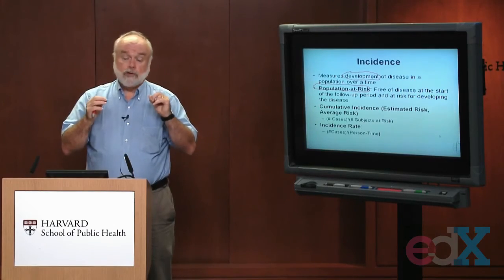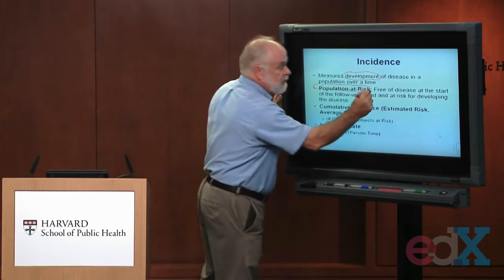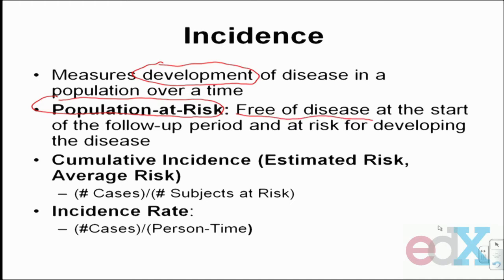You want to enroll a population that's at risk for developing heart disease. And if you're interested in developing heart disease for the very first time, that means what you want are people who are free of disease at the beginning of the study. They have not been diagnosed with coronary heart disease yet.